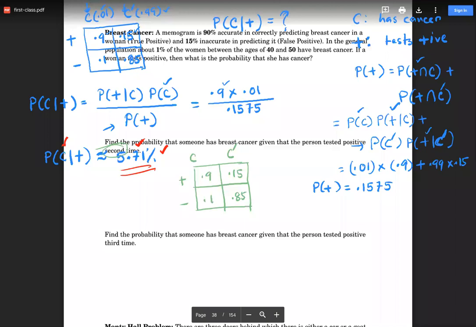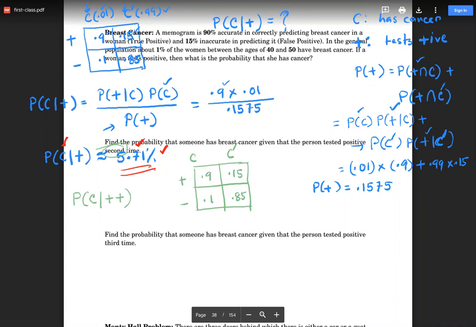So remember, we are trying to find out this probability of having cancer, given that the person tests positive twice, not once, but twice. So you are not going to test second time unless you test positive first time. That's an assumption we are making.